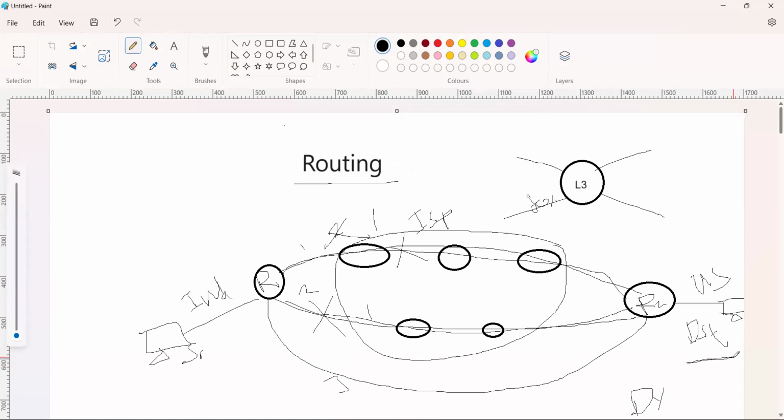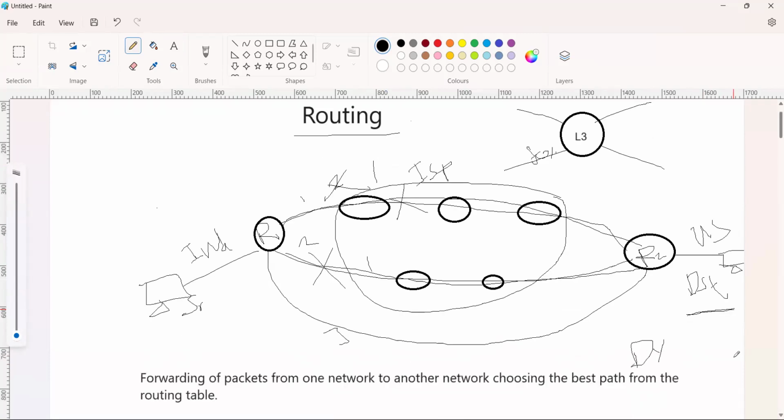If we don't know the destination IP address, we cannot configure it. Only if we know it can we configure it. We should also know the next interface, the IP address of this interface, this interface, and this interface.